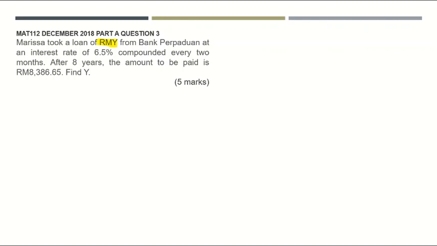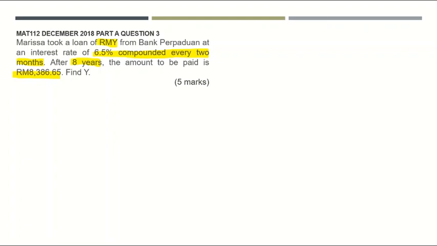of loan taken by Marisa. Then the interest rate charged is 6.5% compounded every 2 months. After 8 years, this is the term or the duration of the loan, and at the end of 8 years, the total amount she has to pay is 8,386.65.